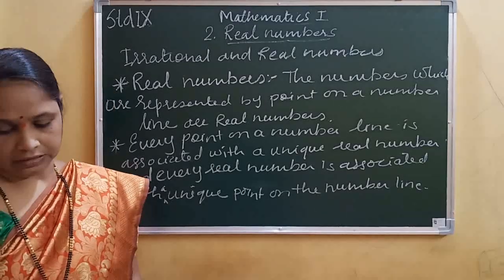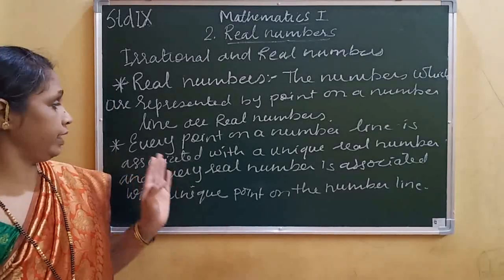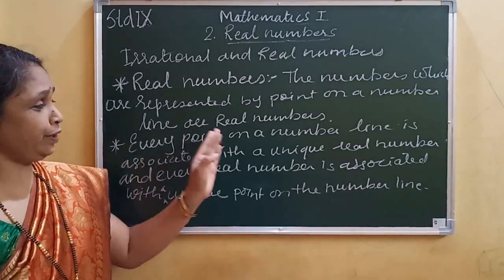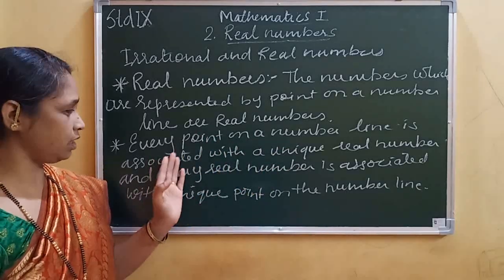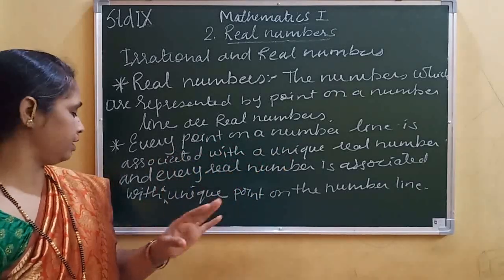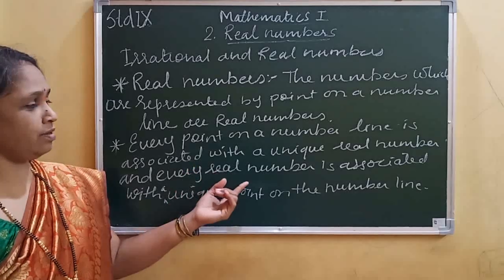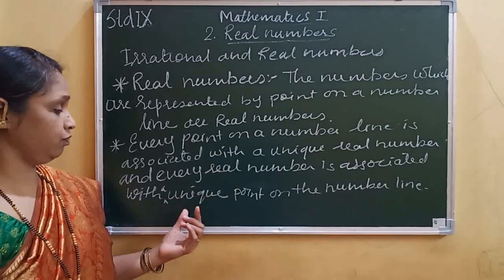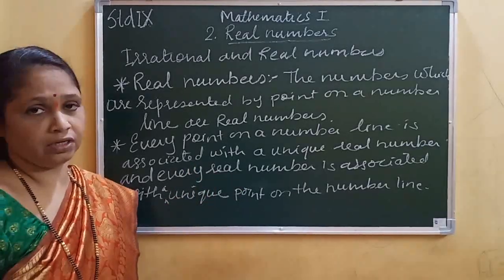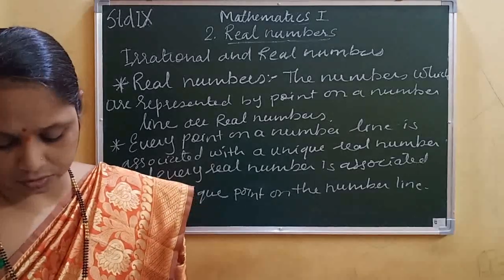Now this you have to write in the notebook. See, every point on a number line is associated with a unique real number, and every real number is associated with a unique point on the number line.